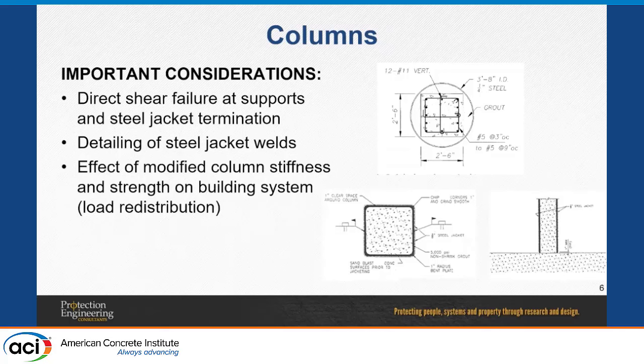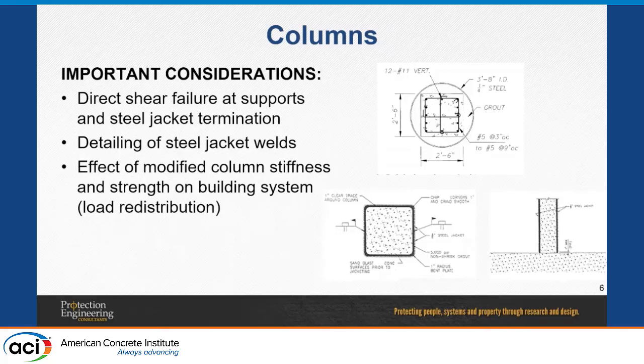You put your steel jacket on and now you create a very rigid element, but at the point where the jacket stops, typically at the floor because it's closer to where your charge is, you could have a direct shear failure there. There are different ways of preventing that: you could extend the steel jacket, put some angles, and then put anchors from those angles to the ground to prevent that direct shear failure. But that's a very important thing to keep in mind.